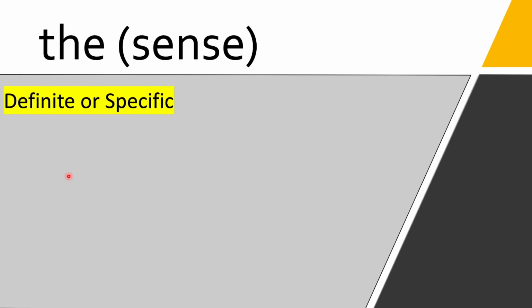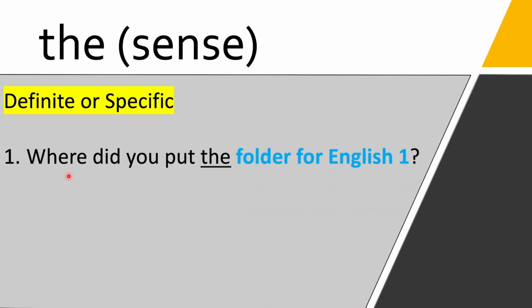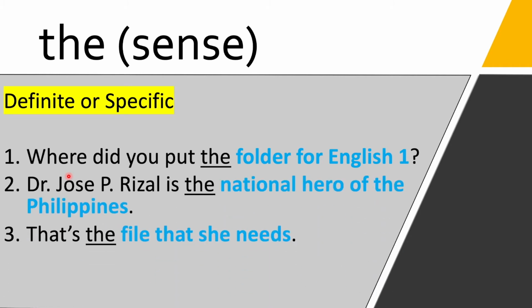Now, another consideration is the sense. Okay? Let's take a look at this. So "the" is definite or specific. Okay, let's have the samples. For example, in number 1, where did you put the folder for English 1? So see the words in blue. Why were they colored blue?